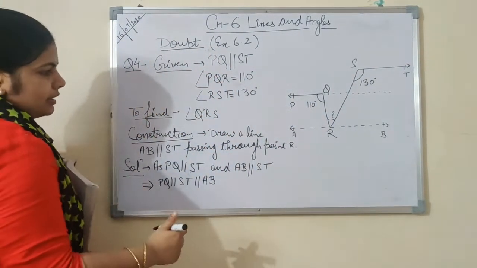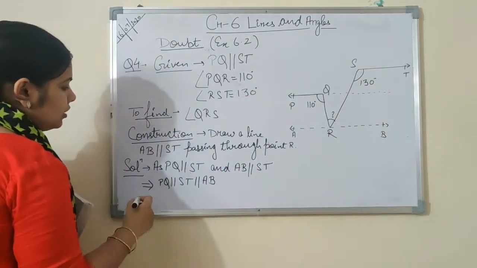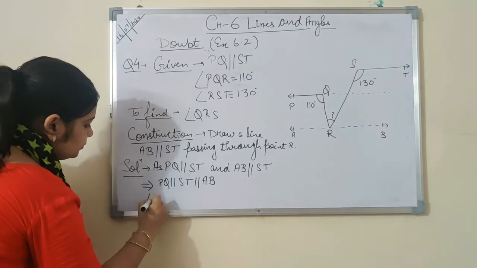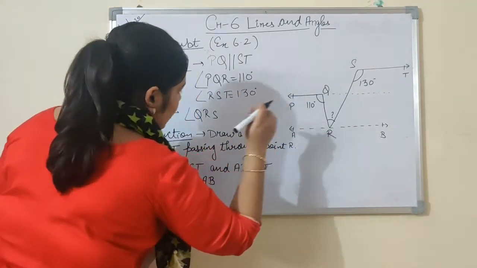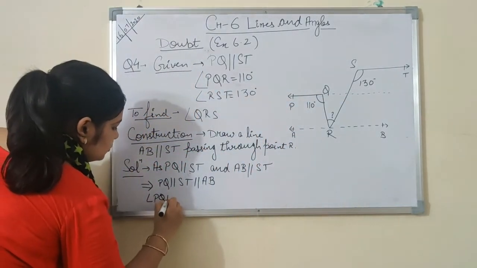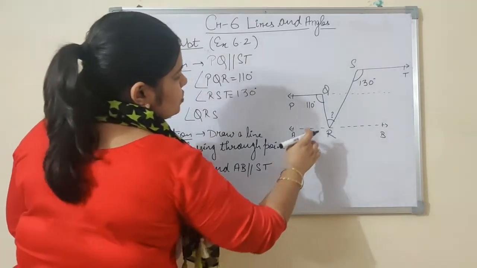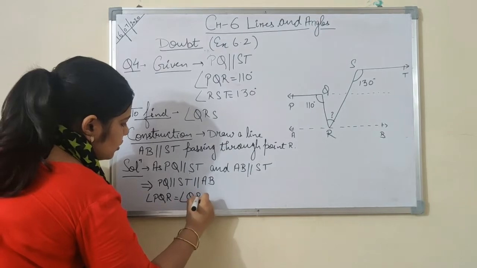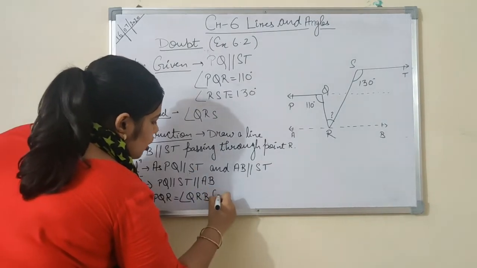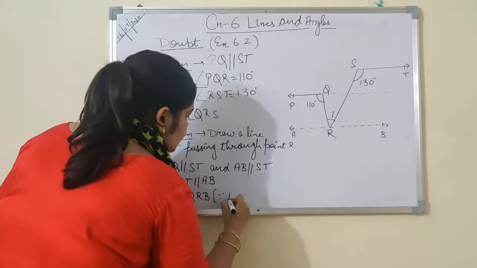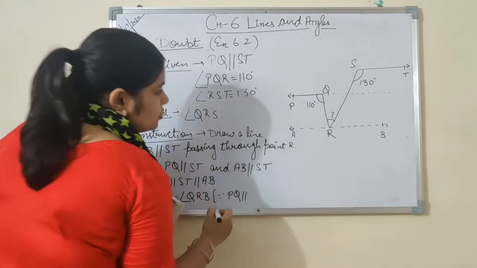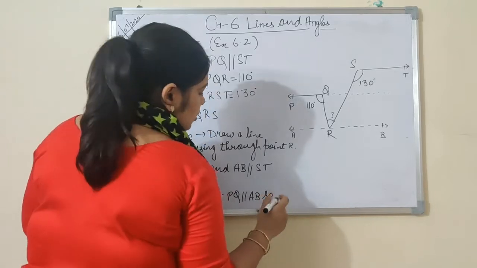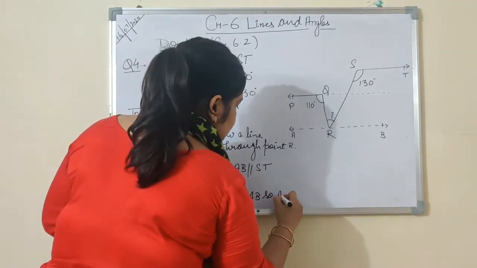So from here I can write that angle PQR is equal to angle QRB, because PQ is parallel to AB.